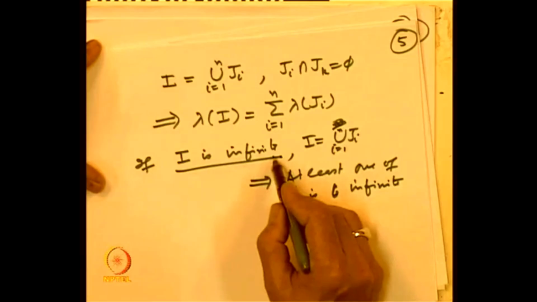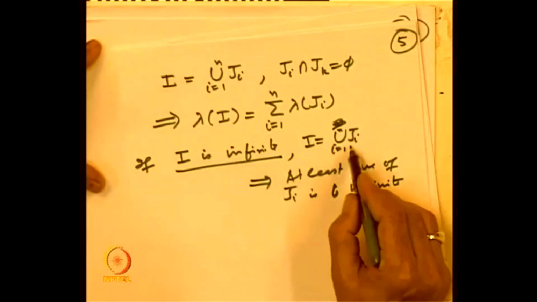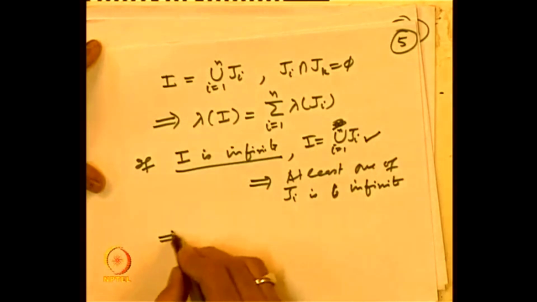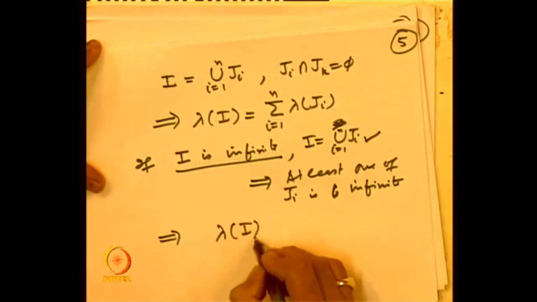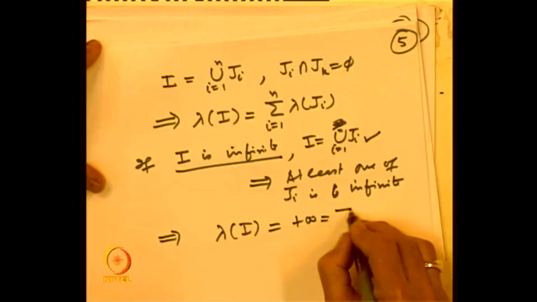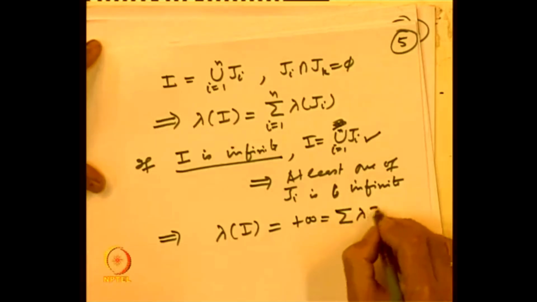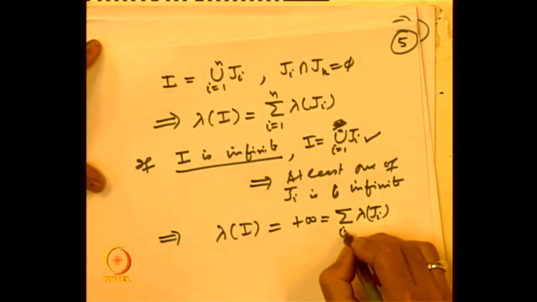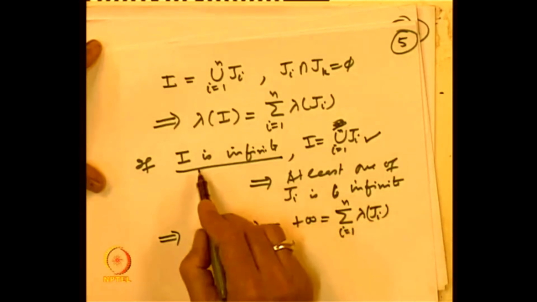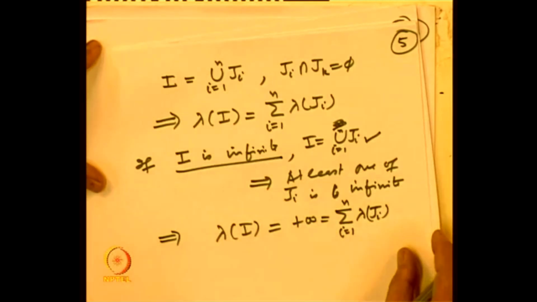So I infinite implies at least one of these J_i's has to be infinite, so that implies lambda of I is equal to plus infinity, which is equal to the summation of lambda of J_i's, i equal to 1 to n, because one of them is plus infinity. So the case when I is infinite is okay.